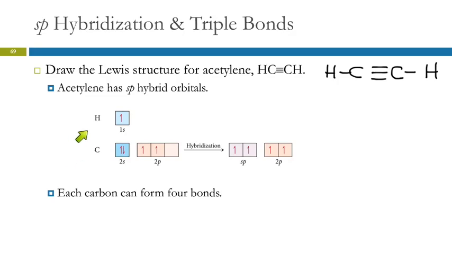So what's going to happen here is we've got the hydrogen and we've got the carbon, and we're going to hybridize this s orbital and one of the p orbitals. So we're going to have hybrid orbitals for sp. Then there's two p orbitals left over. So we'll put those 4 electrons each in their own orbital, and we can predict that the carbon is going to make 4 bonds.